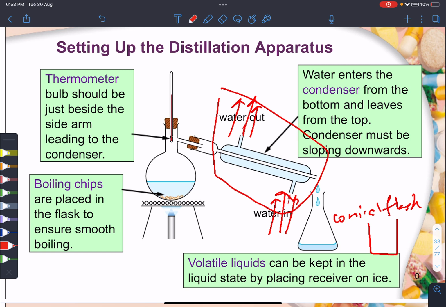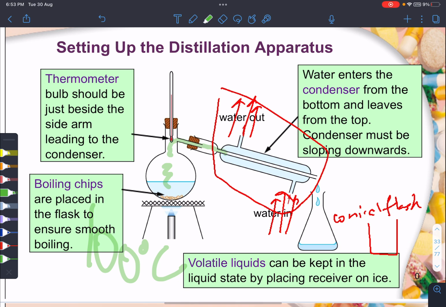So let's go into the details. This diagram shows everything. As you can see here, the thermometer. Basically you will heat, and at 100 degrees, water will boil. Water boils, becomes gas. Then it goes in.